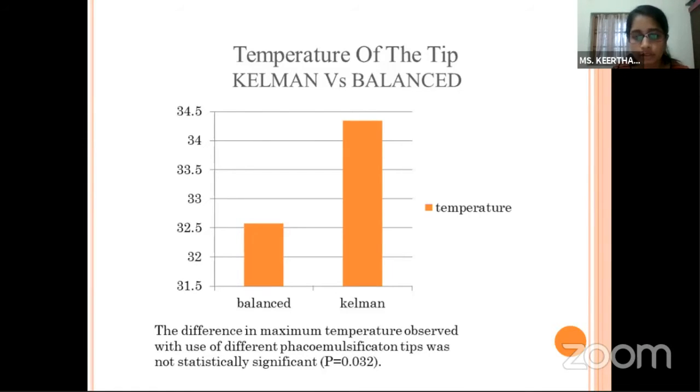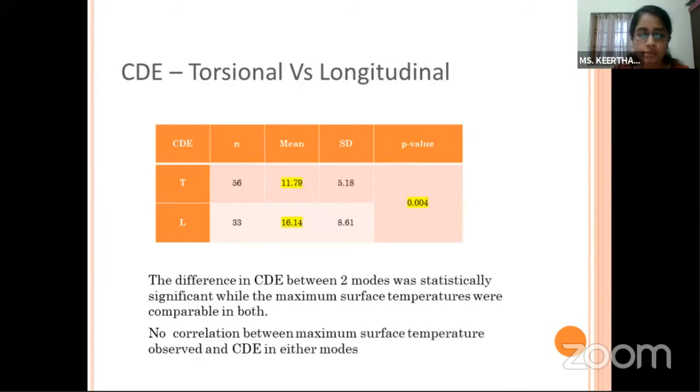The difference was not statistically significant, but the Kelman tip showed a higher temperature, so lower temperatures are observed with the balanced tip. We also calculated the cumulative dissipated energy, and it was rather low in torsional. However, there is no correlation between the maximum surface temperatures observed and the CDE in either mode.